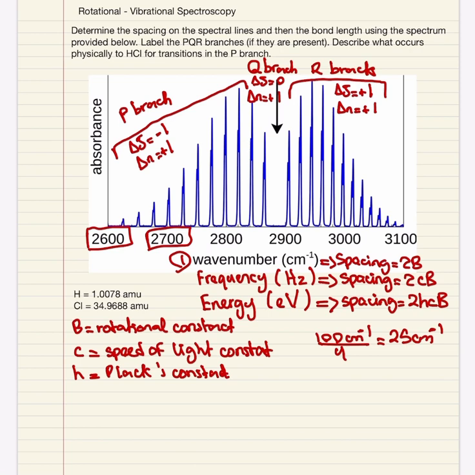So we need to convert 25 centimeter inverse into meter inverse, which you multiply by 100. It is very important to multiply by 100 because they are inverse units. So you will get 2500 meter inverse.